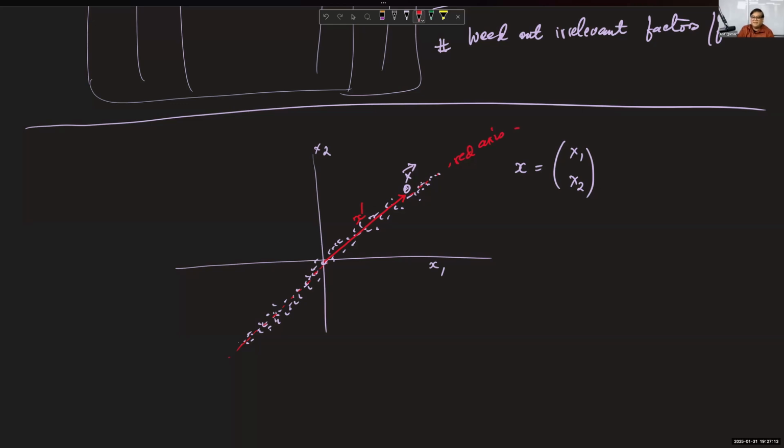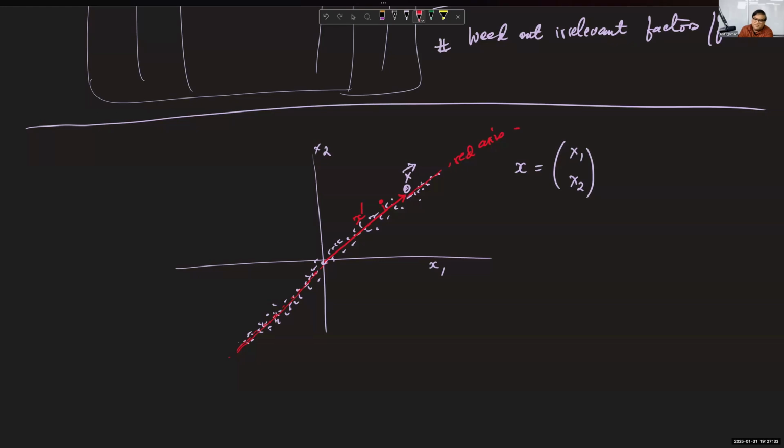I said that I can define this point as so far from the origin along this red axis. So you say, wait, that's not quite correct, because let's say that the point is here.